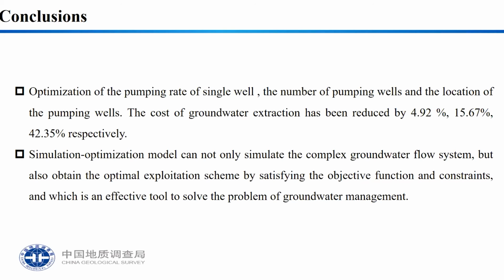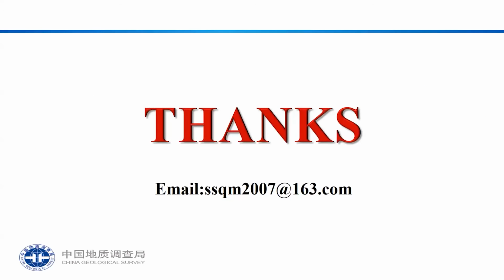The simulation and optimization model can not only simulate the complex groundwater flow system, but also obtain an optimal exploitation scheme by satisfying the objective functions and constraints, and is an effective tool to solve the problem of groundwater management.